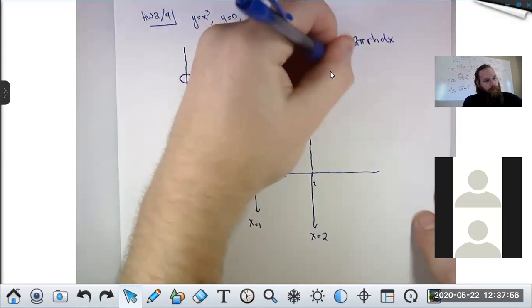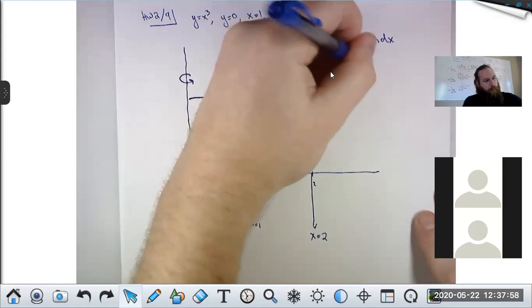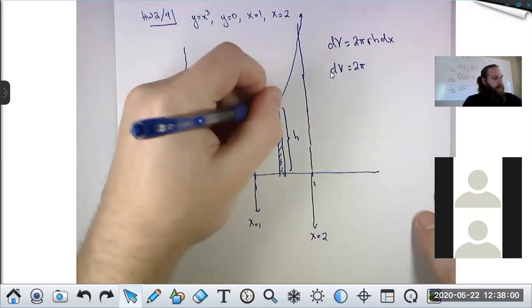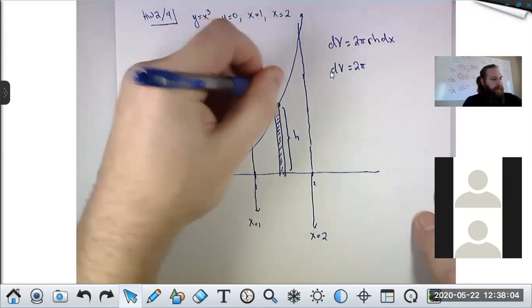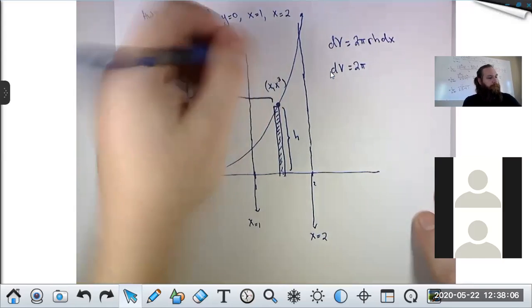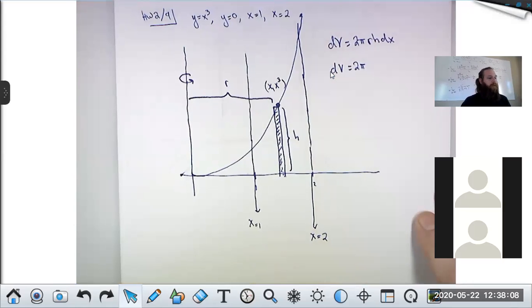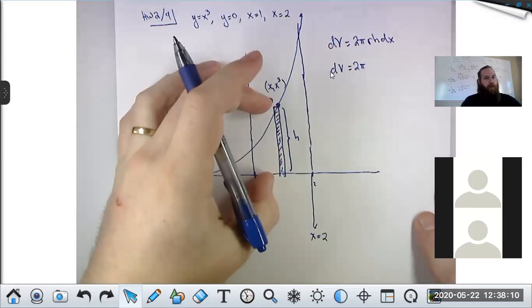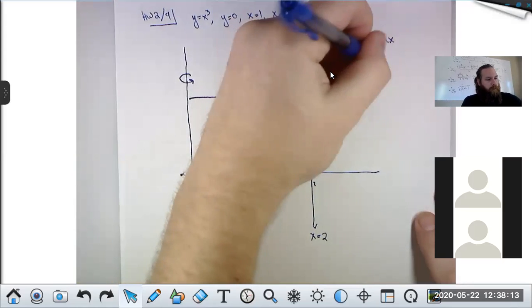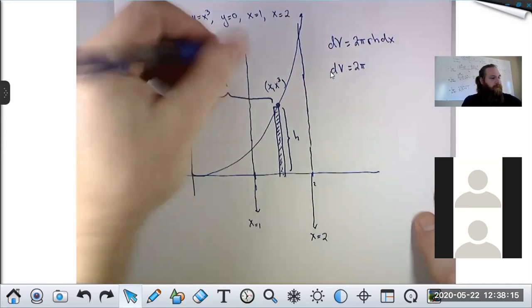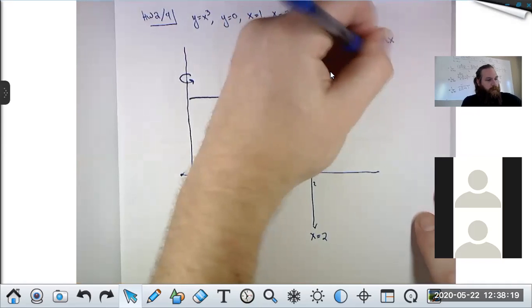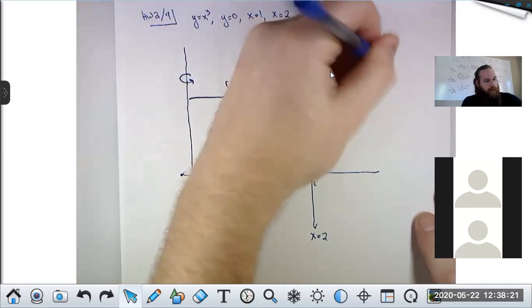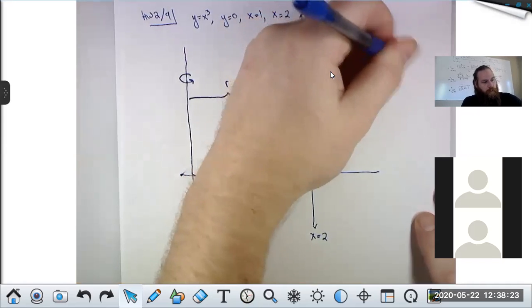So my dV here is 2 pi times, well, what is the height of this strip? If I'm along the graph y equals x cubed, then this point is (x, x cubed). So that height is just this y value, x cubed. And the radius r is just x. So that's x times x cubed dx.